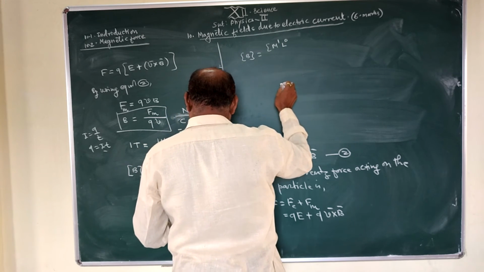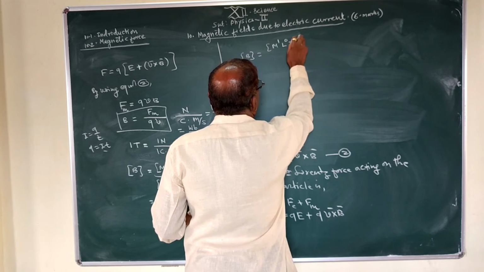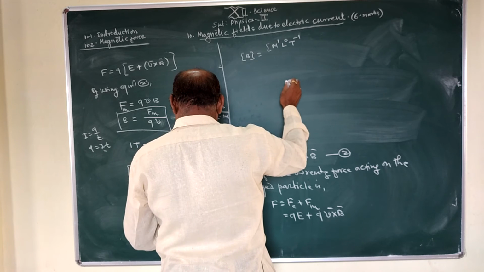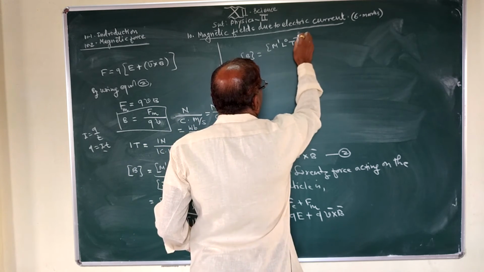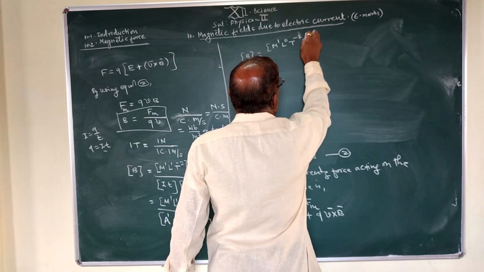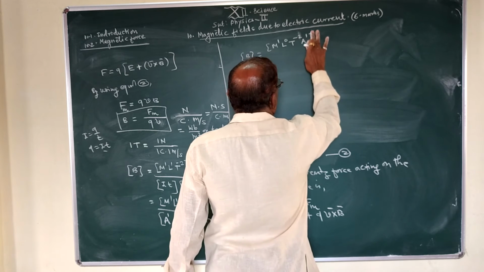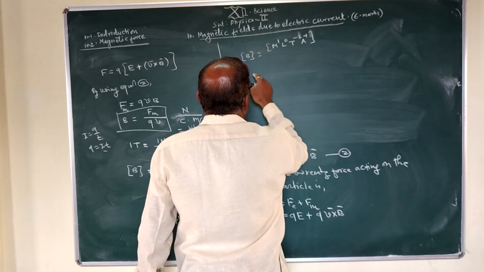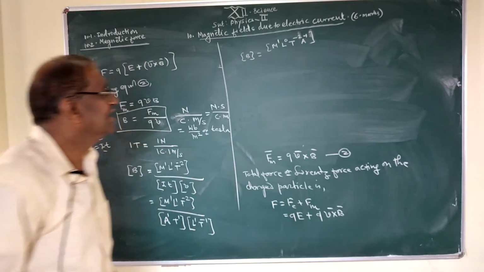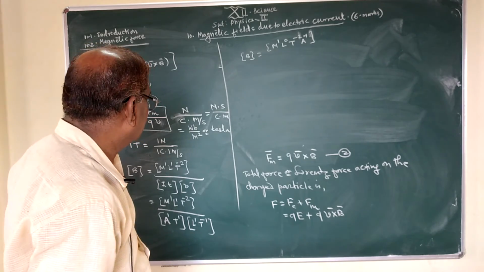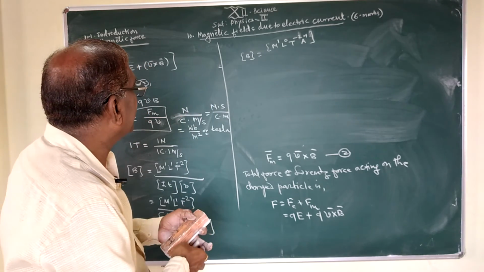T minus 1 and T minus 1 combine, giving T minus 2. A to the power minus 1, sorry. So this is the dimension of B: M1 L0 T minus 2 A minus 1. These are the dimensions of magnetic induction B.